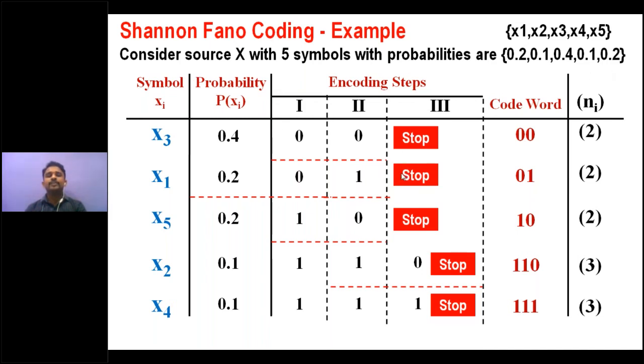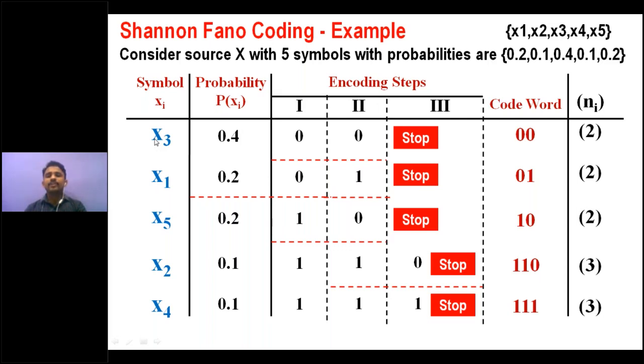Now, how can we say this procedure is valid? For that validation checking, we have a few principles. The first one, see, whatever symbol has the highest probability carries fewer bits. Apart from the complete set of symbols, the higher probability symbol carries only a smaller number of bits. See, here in this table, the highest probability is 0.4. This is for the first symbol X3.